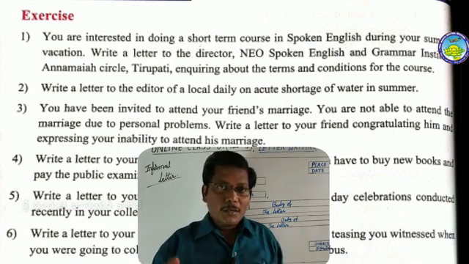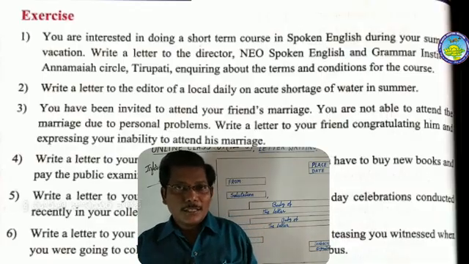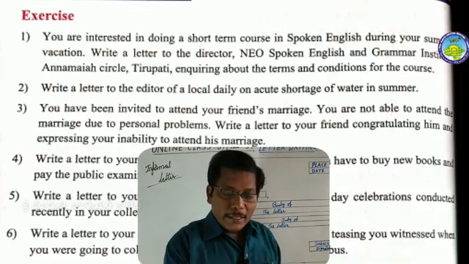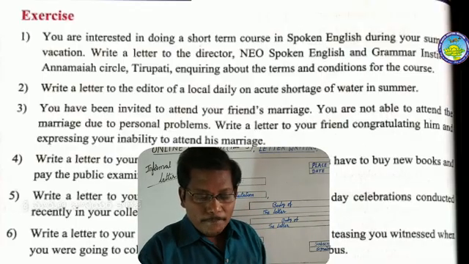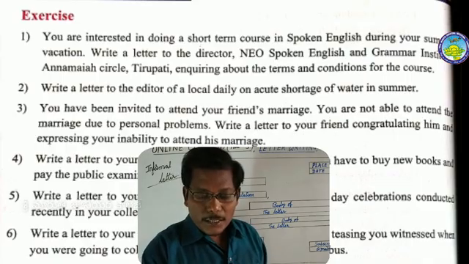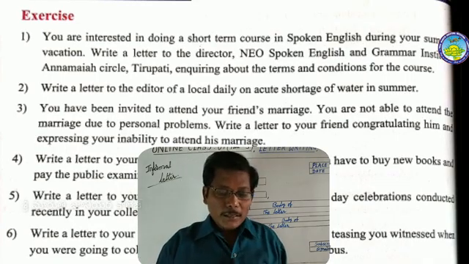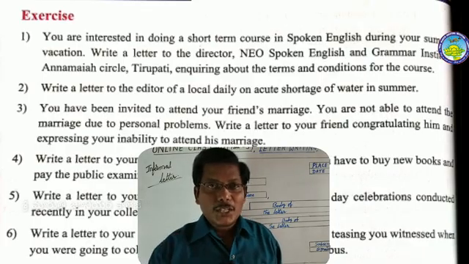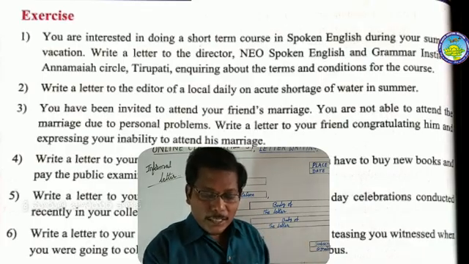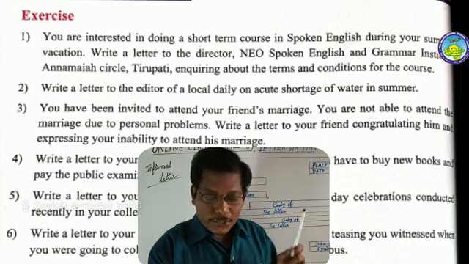So in your summer holidays you want to learn spoken English. That is the meaning. "Write a letter to the director, NGO Spoken English and Grammar Institute, Annamaya Circle, Tirupati." So in Tirupati, at Annamaya Circle, there is one Spoken English Institute. The name of that institute is NGO Spoken English and Grammar Institute.